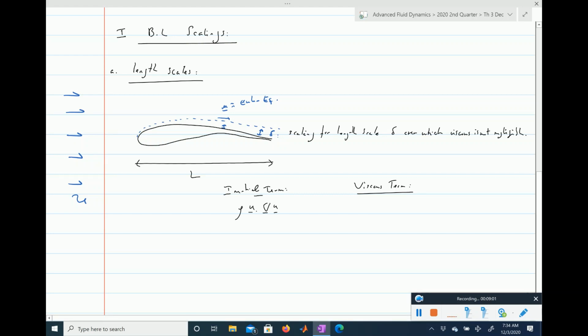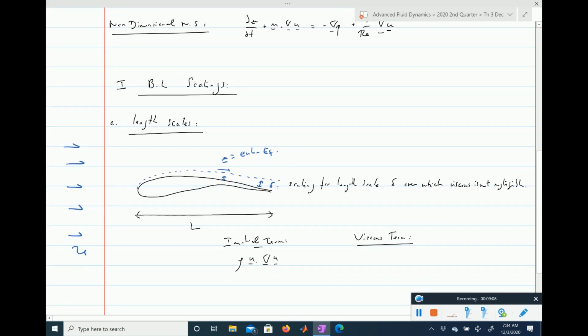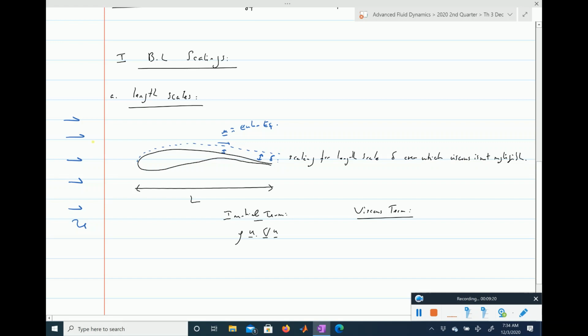We have u grad u, and so we're looking at the inertia, and most of the inertia effects take place along the x-axis. So if we're thinking about what is the largest length scale over which the velocity u changes, the velocity mostly is in the streamwise direction, so this would be along the x-axis.